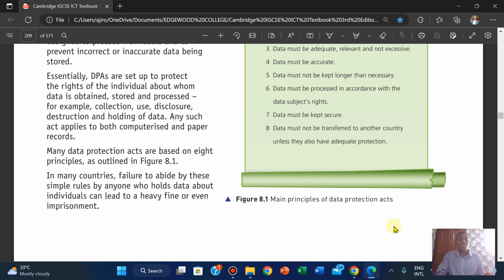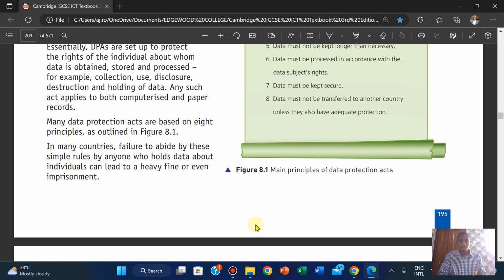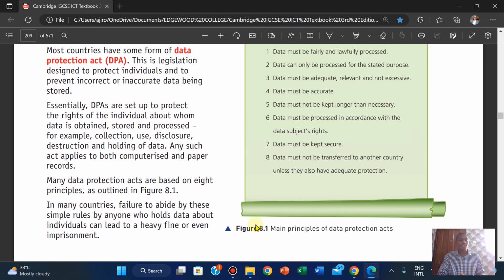Now, with that being said, in many countries, failure to abide by these simple rules by anyone who holds data about individuals can lead to a heavy fine or even imprisonment. Because once you are a storage of people's data, this applies to you. It means if you're the owner of Facebook, Twitter, or TikTok, you have to keep our data safe.